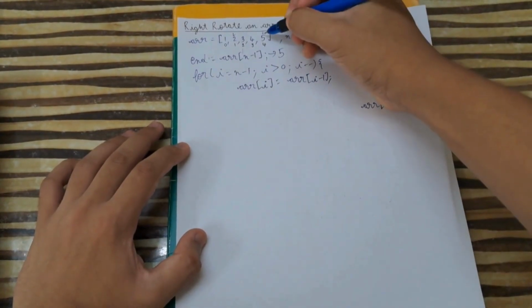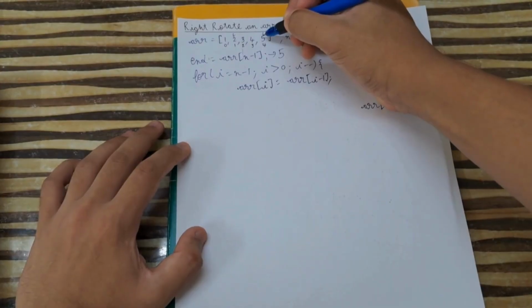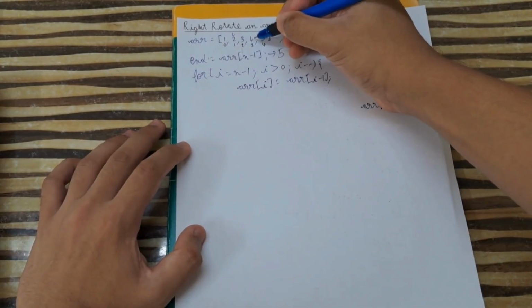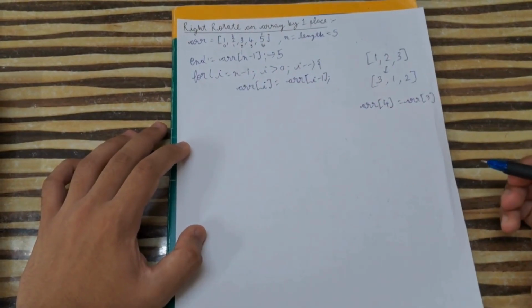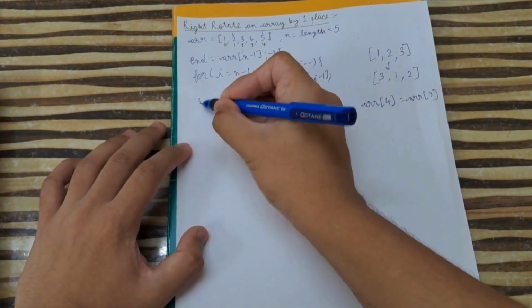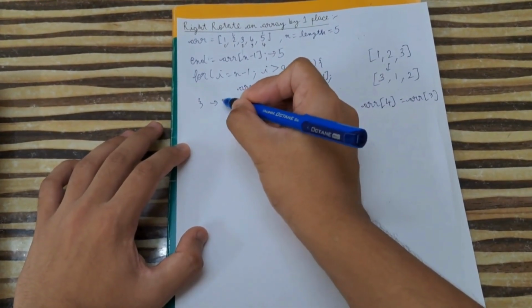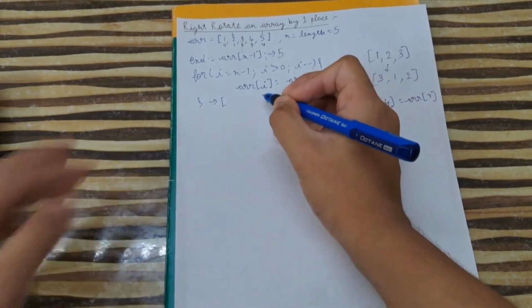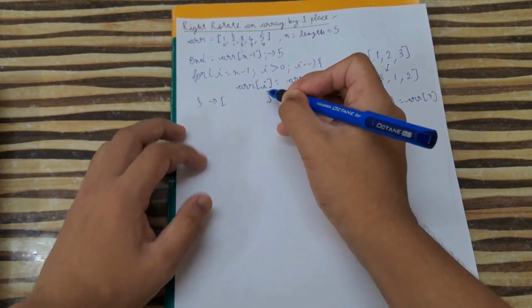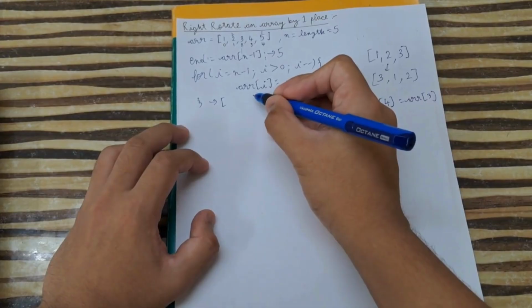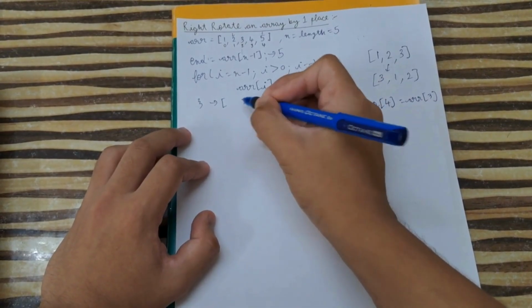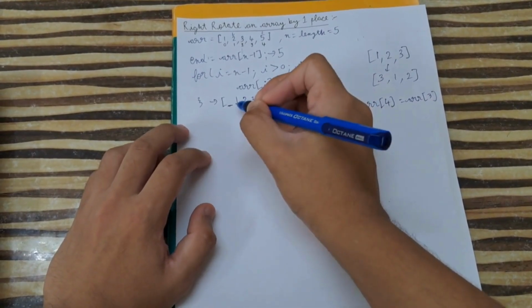Now the element here would be 4, as here it is 4 as well. After the complete running of the for loop, the array would look something like this: 4 would come here, then 3, 2, 1, and this place would be left empty.